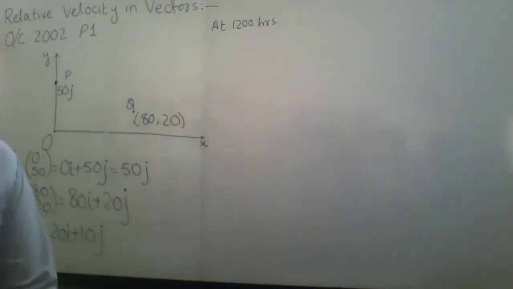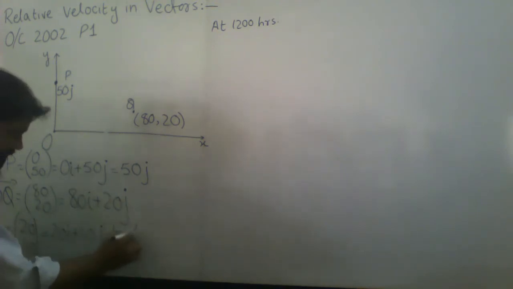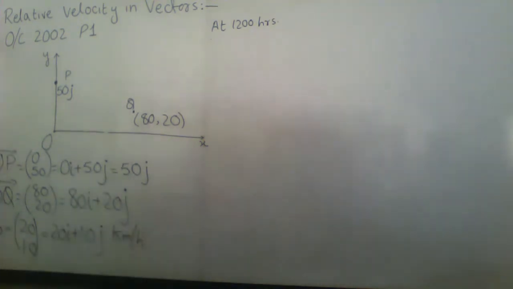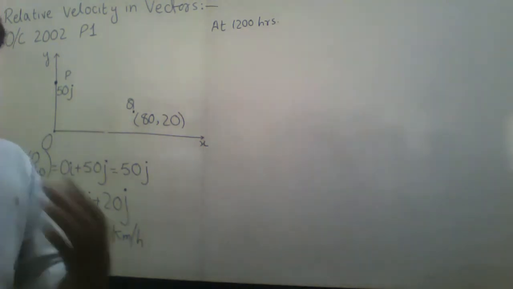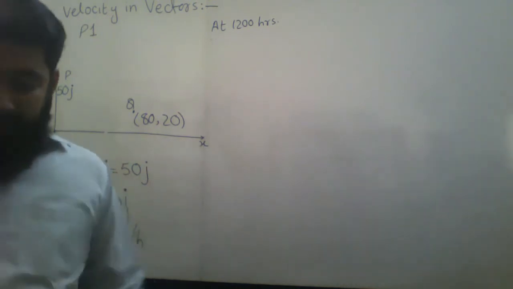After that, they are saying that ship Q's velocity is given, and this one is given in kilometer per hour. VQ means velocity of Q, which is given over here.